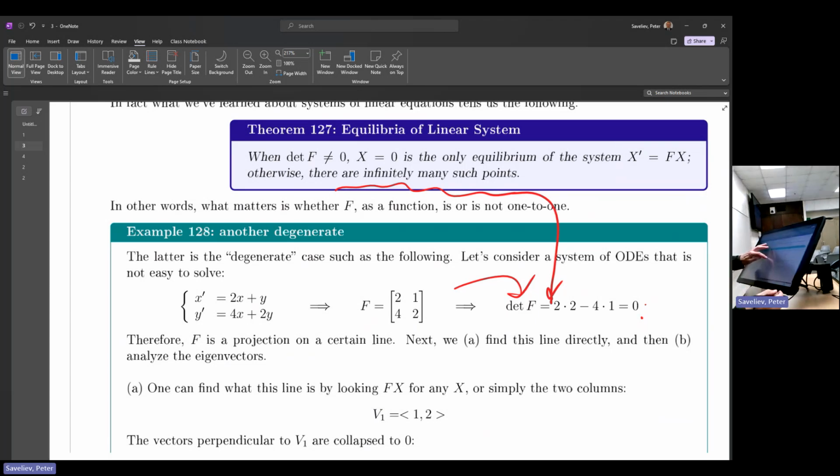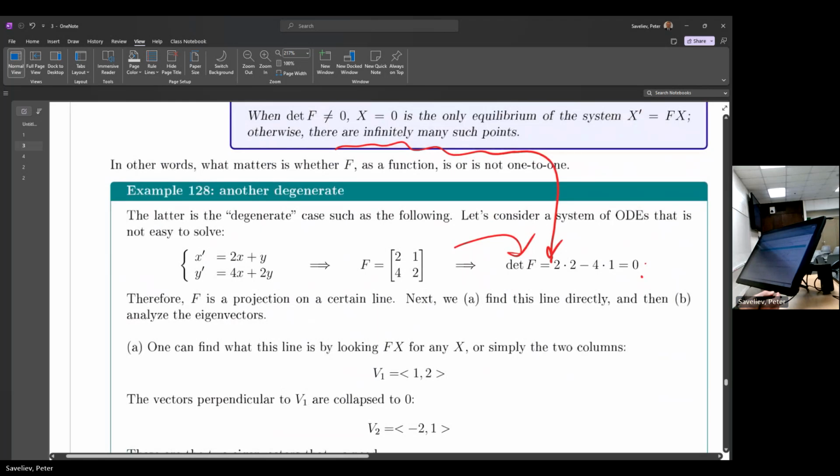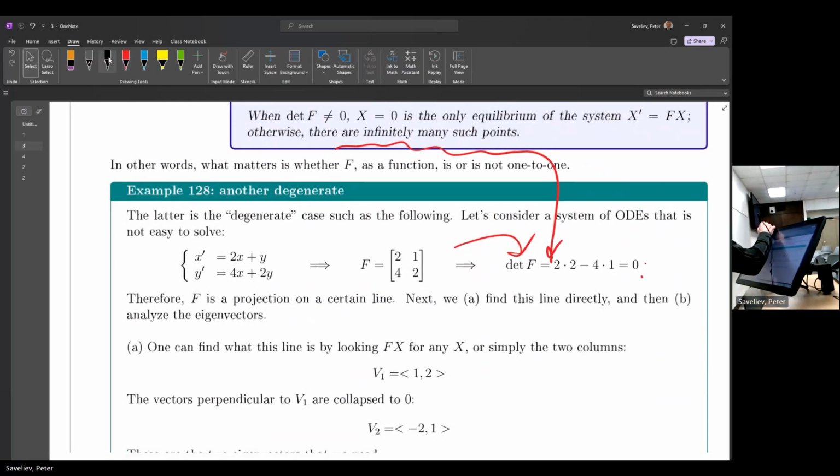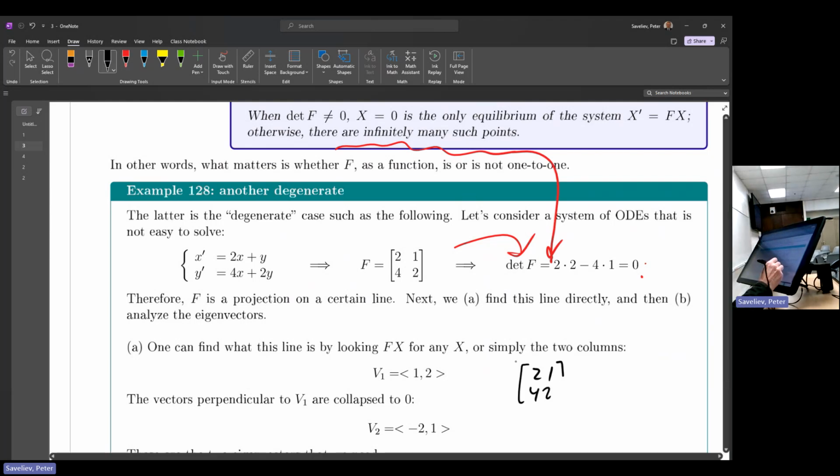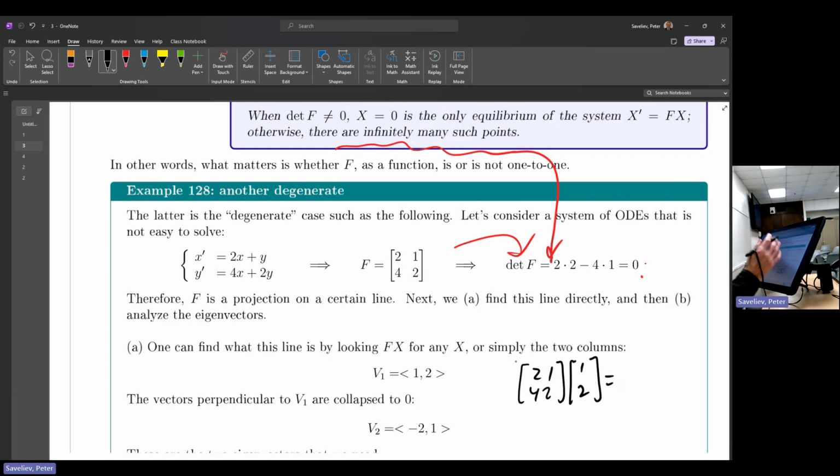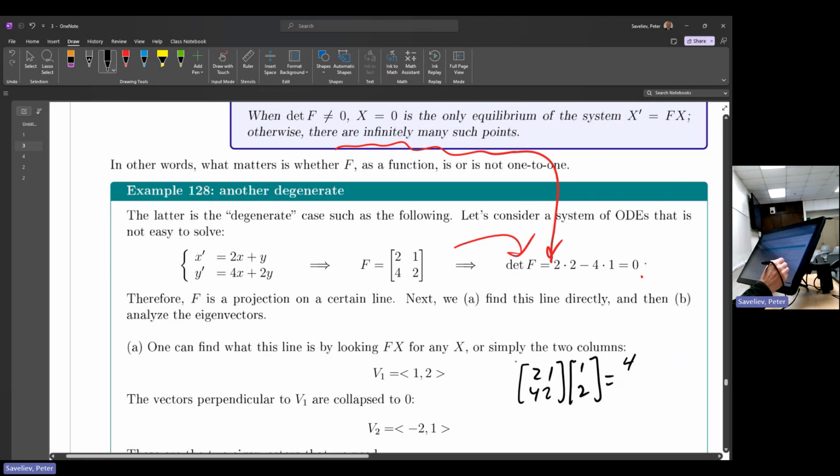In this case, I jump to the conclusion that, if you're not convinced, if we take 2, 1, 4, 2 and multiply it by 1, 2, what do we get? We get 2 and 2, and 4 and 8, which is a multiple of it: 4 times 1, 2.